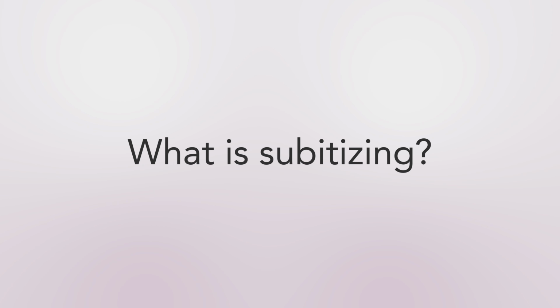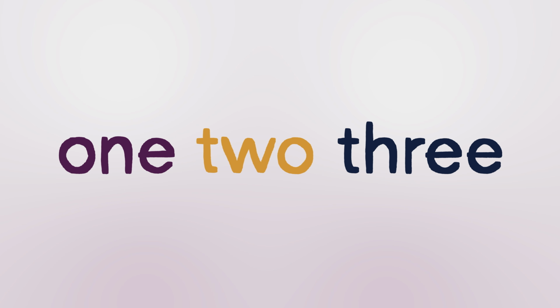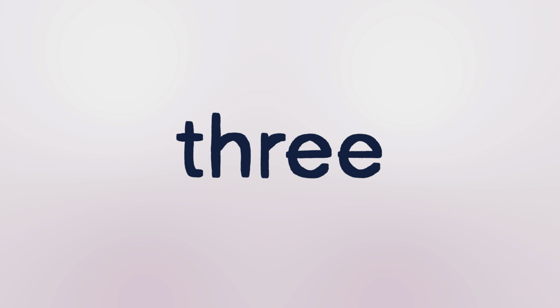To help you get an even better sense of what subitizing is, watch the screen closely. How many dots did you see? Did you actually count in your head 1, 2, 3, there are 3? Or did your mind just jump to the idea of 3? Let's do another one. Watch closely.